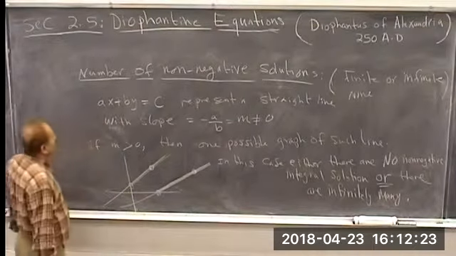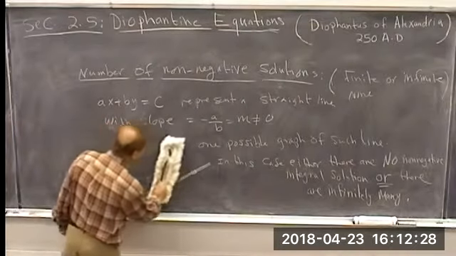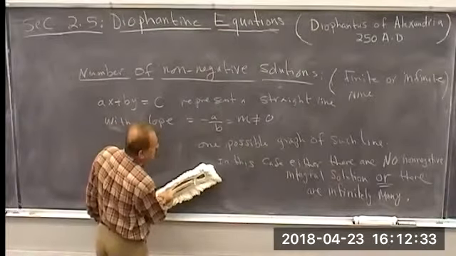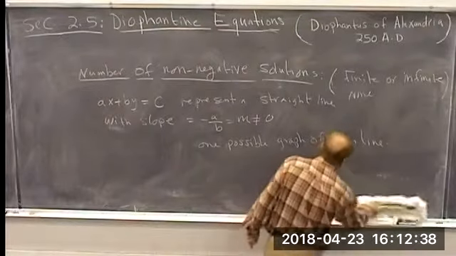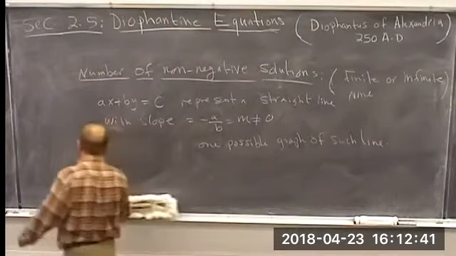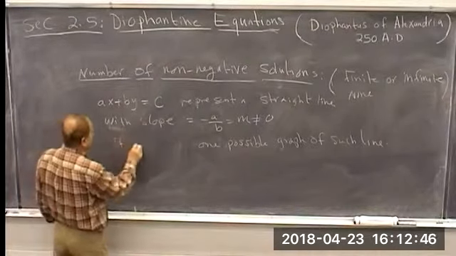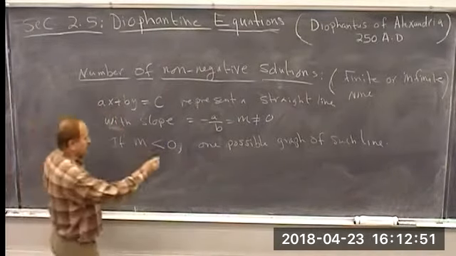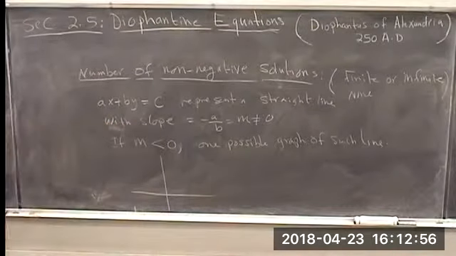On the other hand, if m is negative, let me take all this off. Now, if the slope is negative, then a possible graph, or the graphs in this case, are going to be falling down. It's a straight line falling down.